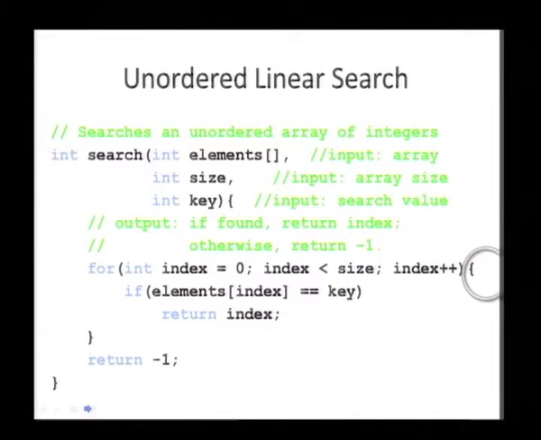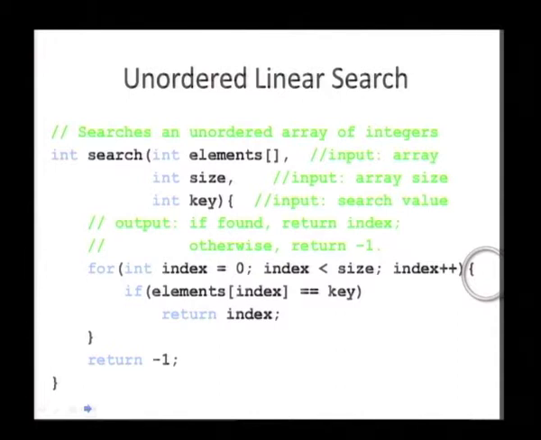So the function that we have written here is called the search function. The arguments to this function are an array called elements, and the size of the array, given as an additional argument just to illustrate this example, and the desired key that is being searched for in elements is also passed as an argument to search.